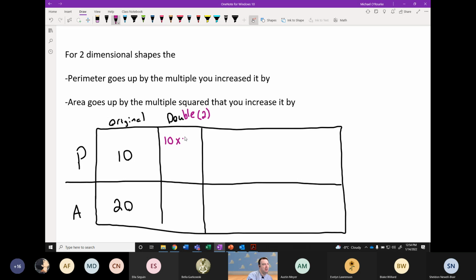It'll be 10 times 2, so the new will be 20. On the bottom here, it's going to be 10 times 2 squared. Oh, sorry, not 10.